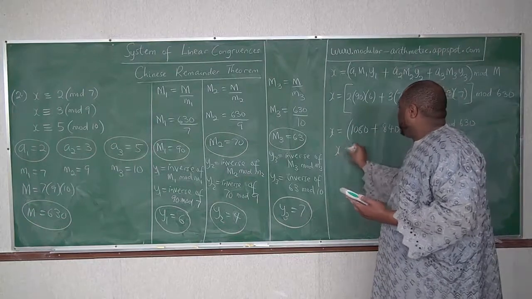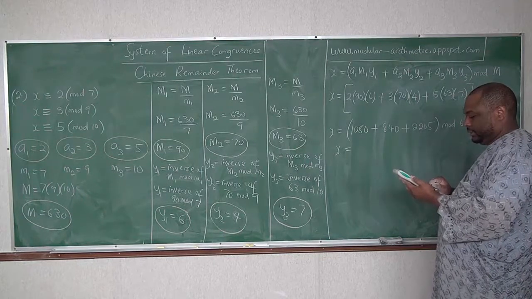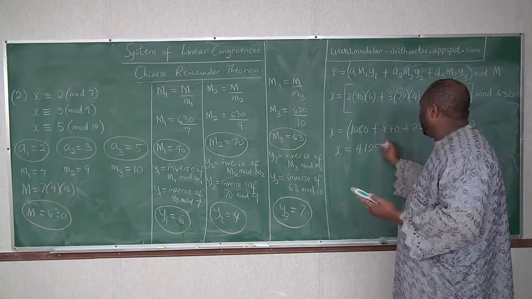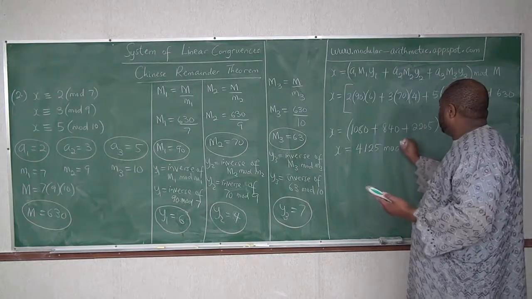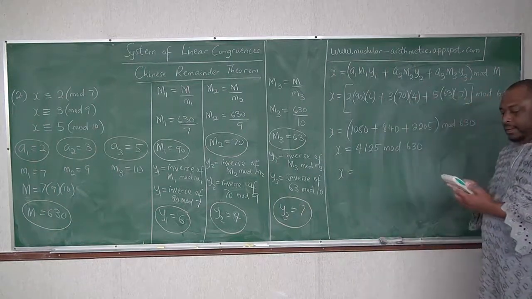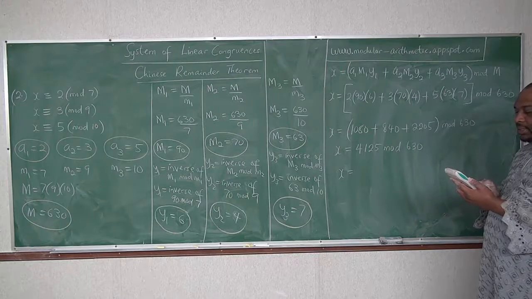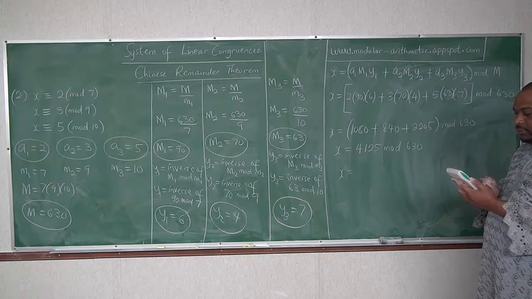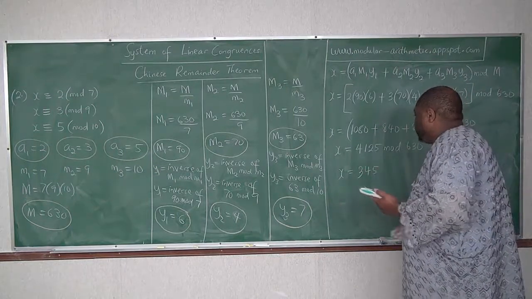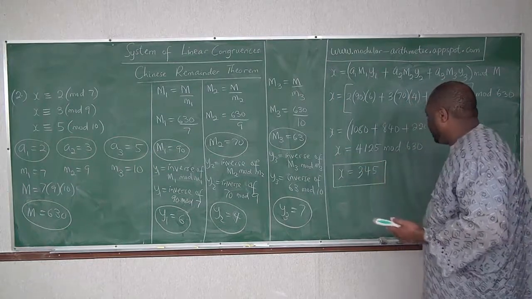So our x is 2205 plus 840 plus 1080, which is 4125, mod 630. 4125 divided by 630 is 6 point something. 630 times 6, and then subtract from 4125. Our x is 345. And that's our answer, 345.